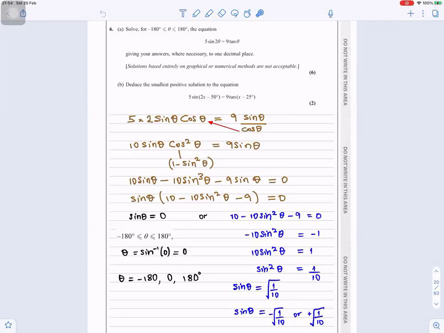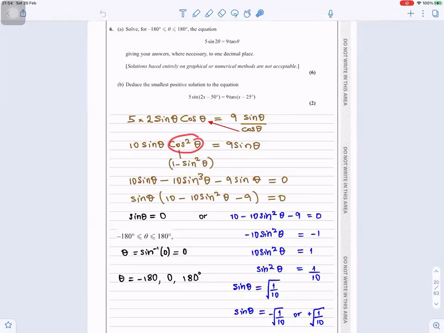Now we can take cos theta to the left hand side, multiply it to the left hand side. So this cos on the right will multiply with the cos on the left, and that will give you the cos squared, because there's 2 of them now. So you got 10 sine theta cos squared theta is equal to 9 sine theta. We replace the cos squared theta with 1 minus sine squared theta.